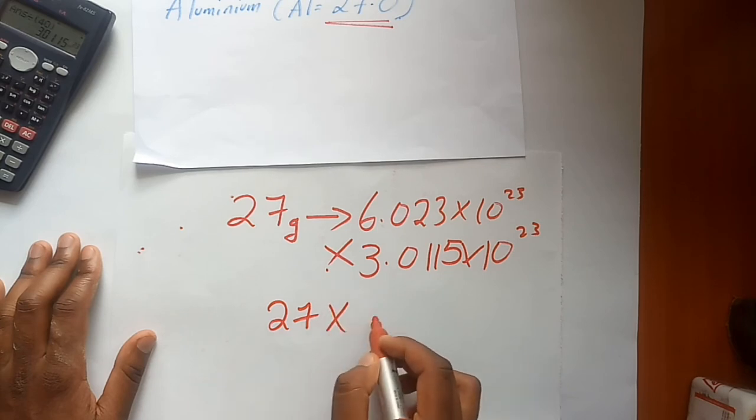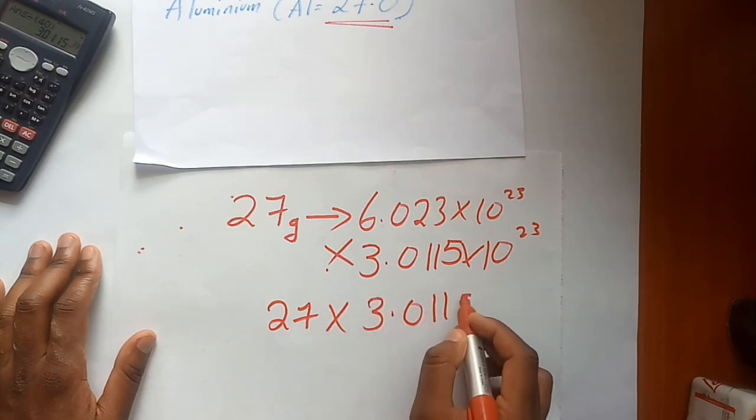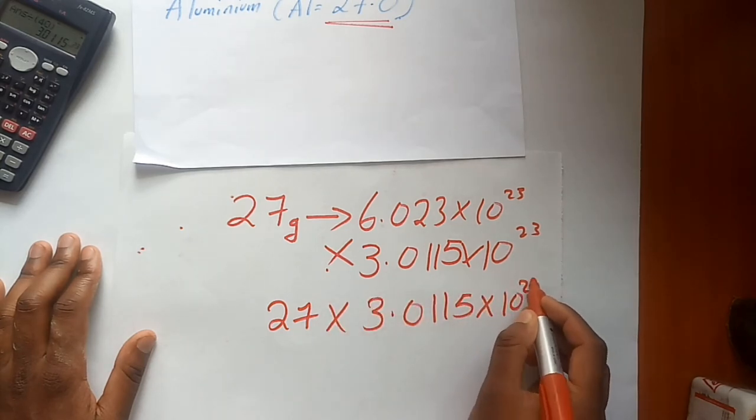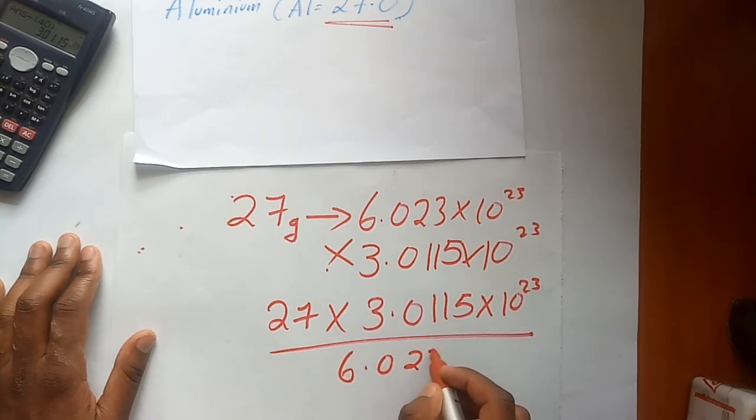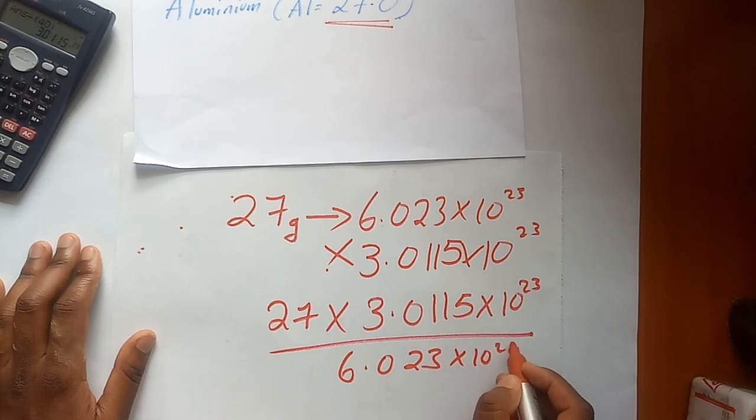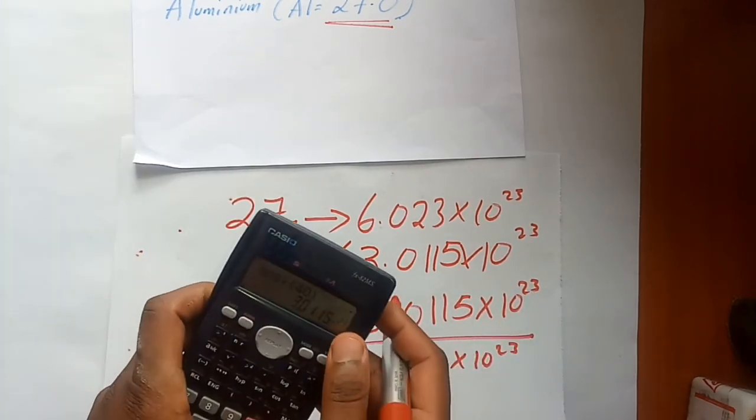27 times 3.0115 times 10 to the power of 23, you divide that by 6.023 times 10 to the power of 23. You put it in your calculator.